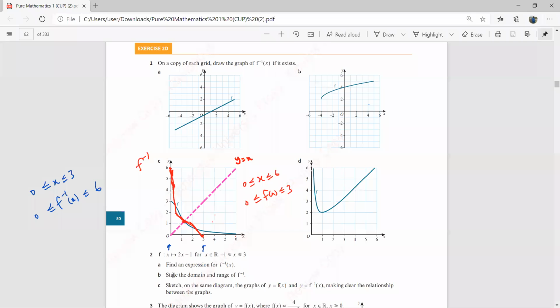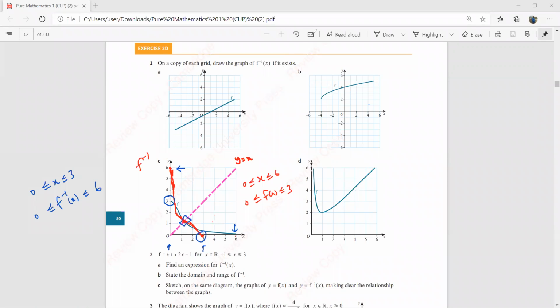I made sure that the point (3,0) is reflected onto (0,3), and this point (6,0) has been reflected onto (0,6). So we have to show the point of intersection as well. Both f and f inverse must be intersecting on the line y equal to x.